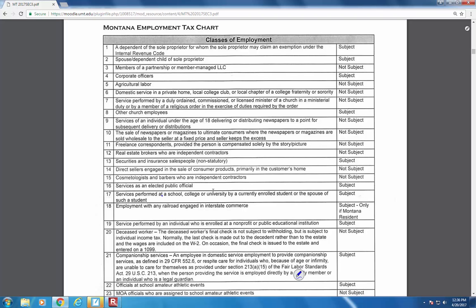So this is just a really good snapshot of who's subject and who's not subject to state income tax withholding. Do you need to memorize this? No. Do you need to know where it is if I ask you some question about some obscure thing, like are cosmetologists subject to withholding? You're like, I don't know, but you know where the chart is, right?